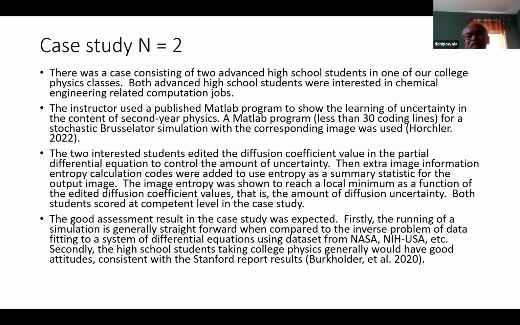The Matlab program, less than 30 coding lines, so a stochastic Brusselator simulation with corresponding image was used. The 2 interested students edited the diffusion coefficient. They did a lot of complicated things in using Matlab. So I skip that.